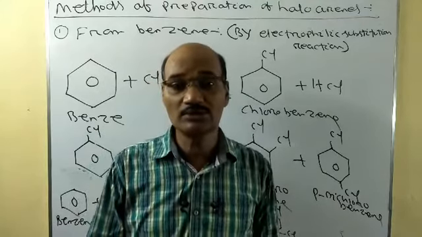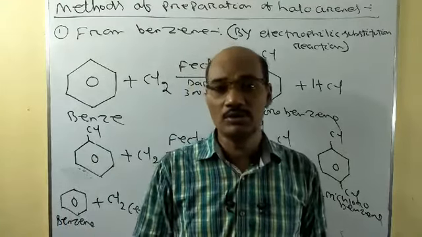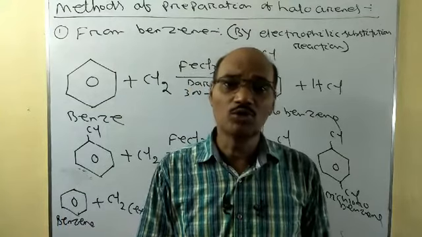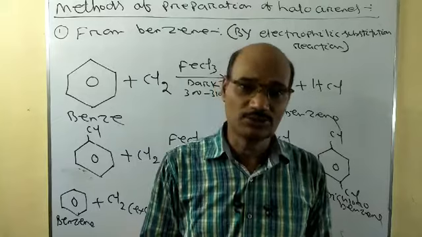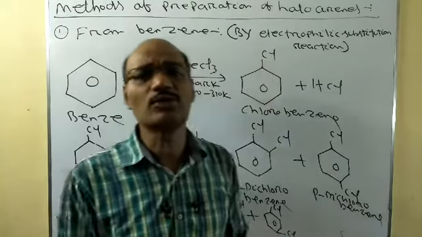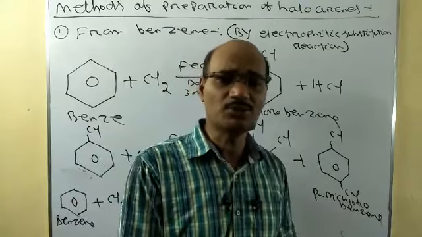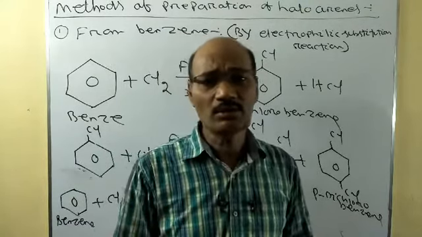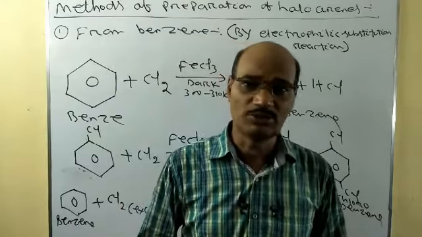But when benzene undergoes halogenation with excess chlorine in the presence of AlCl3, we get a mixture of ortho dichloro and para dichlorobenzene. Similarly, you can get bromobenzene simply from benzene by the same process, electrophilic substitution. Again, if you take excess bromine, you will get ortho and para dibromobenzene.